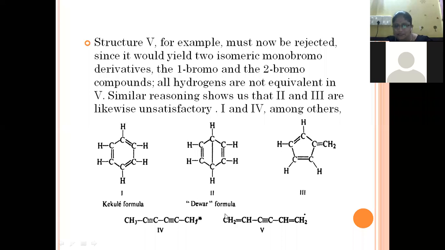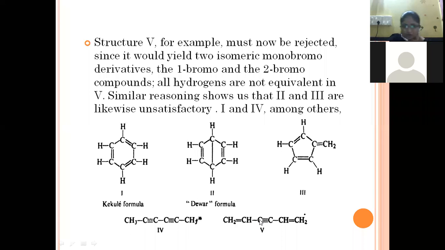But this is not the case with this structure 5, since it would yield 2 isomeric monobromo derivatives, because the hydrogen atoms in this benzene are not equivalent. So they may yield different products. So what are those different products? That may be 1-bromo and 2-bromo compounds, as all the hydrogen atoms are not equivalent in structure number 5.